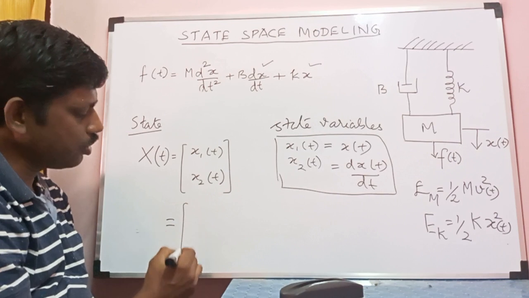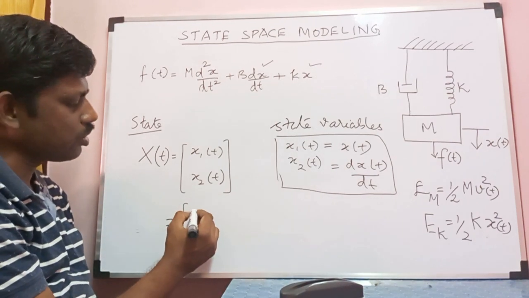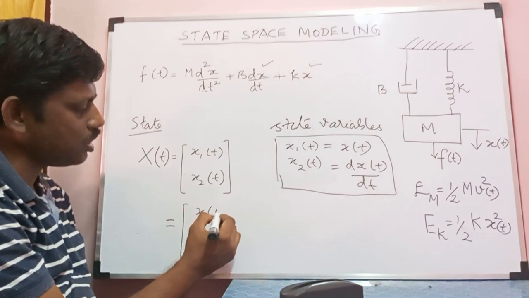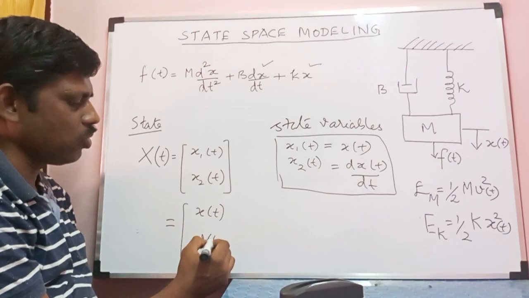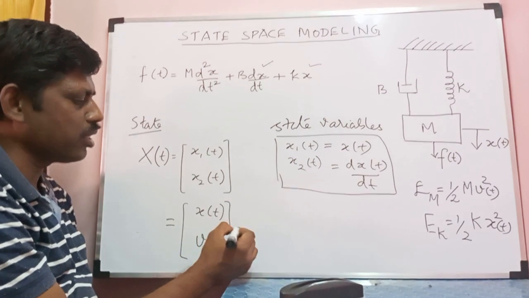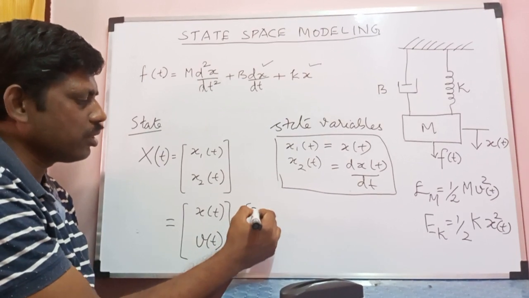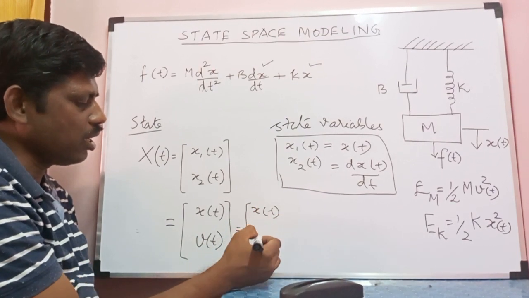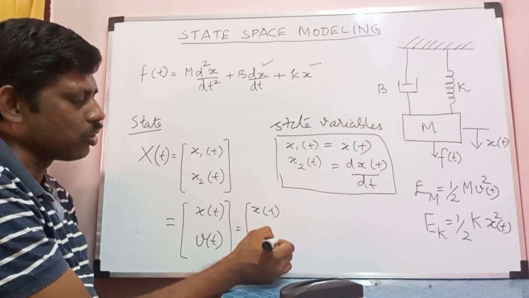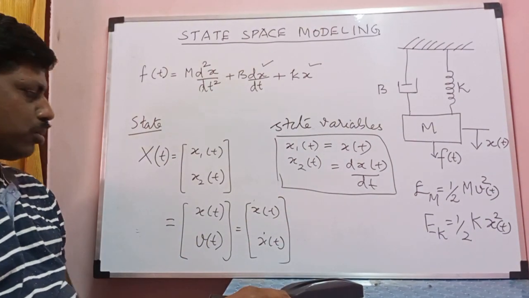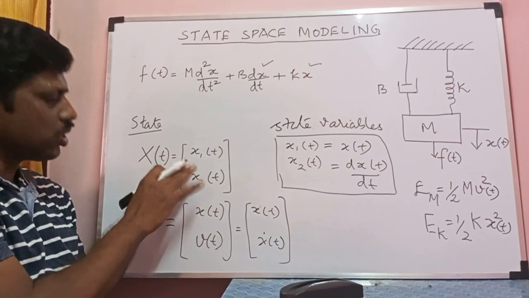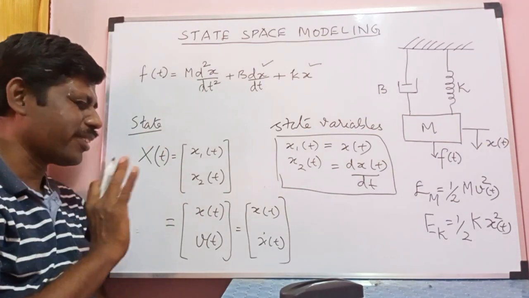In this case, the state is x of t and v of t, or you can say x of t and x dot of t. In all these ways you can denote it. The set of all these state variables is what we call a state.